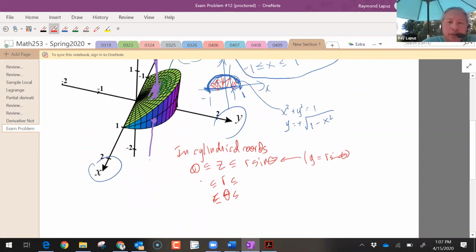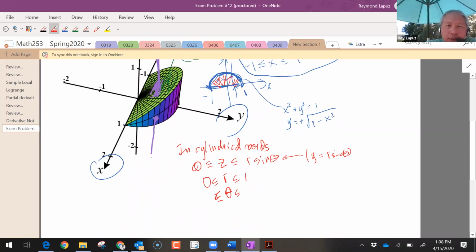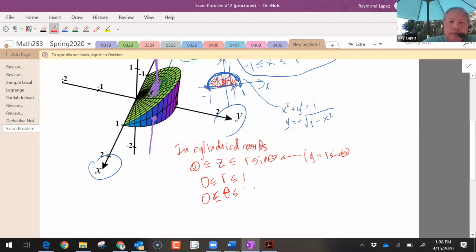So the r limits go from 0 to 1, and the theta goes from 0 and stops at pi. So you can also write this in cylindrical coordinates by examining the z first, and then what happens on the xy plane with r and theta.